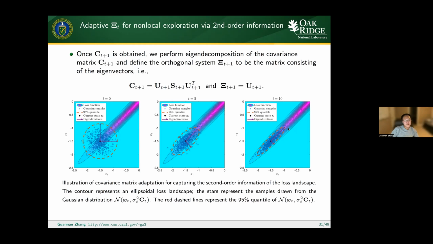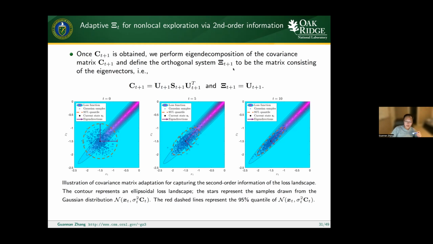Those are the directions along which we perform 1D exploration to define our non-local gradient, and they also define the coordinate system. We can combine this strategy with our non-local gradient descent to adjust the coordinate system along the way.